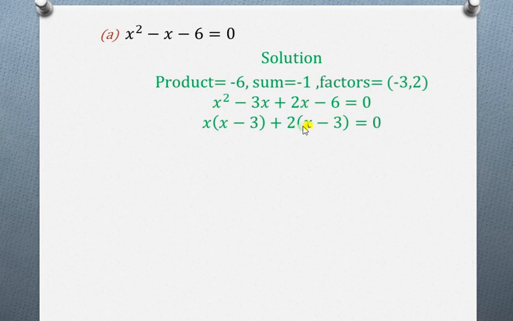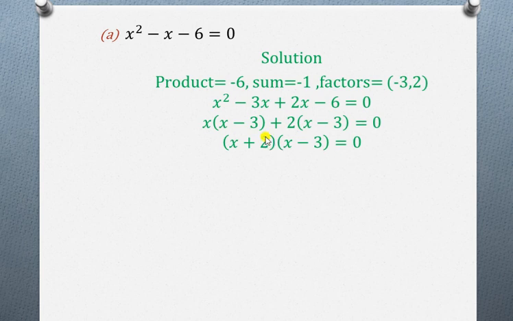If you pull it out of the bracket, we shall remain with x minus 3 equals 0. Now, we realize that there is a common bracket, which can also be factorized out. But when you do so, you will remain with x plus 2 in another bracket. And that is how this step comes in.